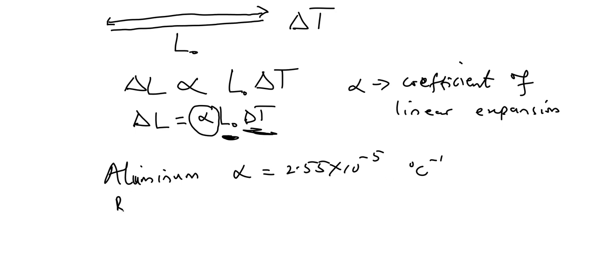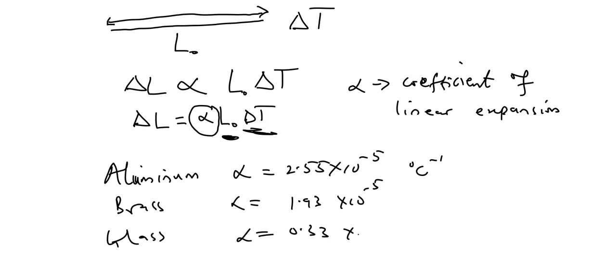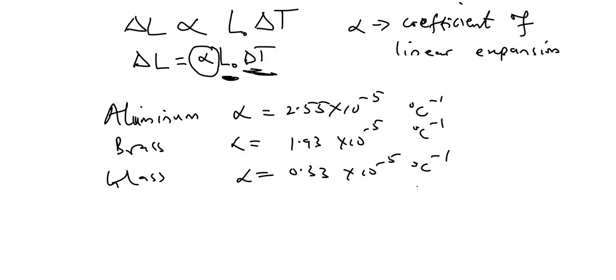For brass, alpha is 1.93 times 10 to the power minus 5 per degree Celsius, and so on and so forth. For glass, it is 0.33 times 10 to the power minus 5 per degree Celsius. So it is constant for a particular material. Let's take an example on this before we move on.